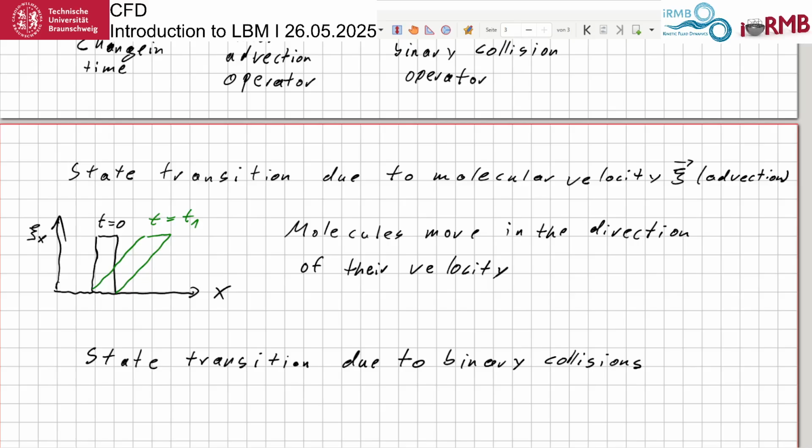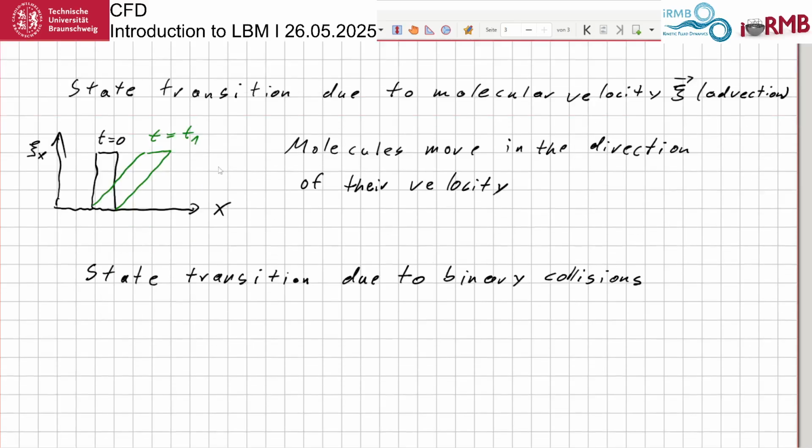Then you can think about when three particles meet at the same time, whether you can describe this as a series of two collisions. They meet in arbitrarily small time instances, and even if three cars collide on the street, they usually collide after each other and not all at the same time. So this is why we have only binary collisions.